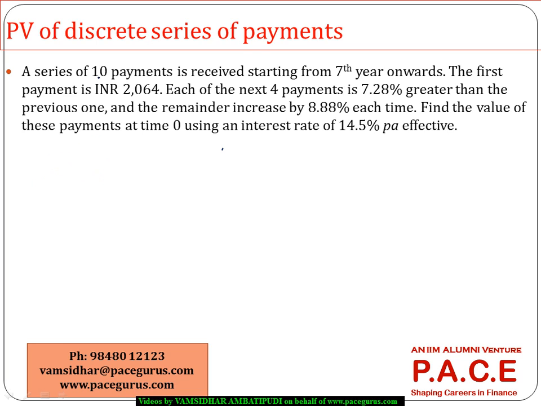We can just see a series of 10 payments is received starting from the 7th year onwards. So we are at 0, up to 7 years, no payment. In the 7th year we are receiving a payment. The first payment is 2064 rupees.